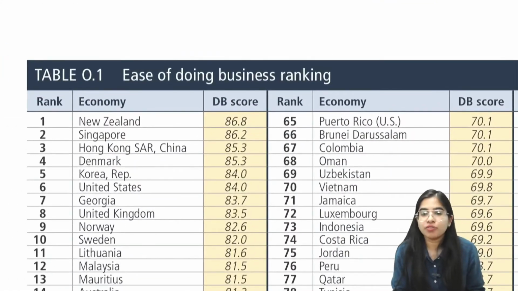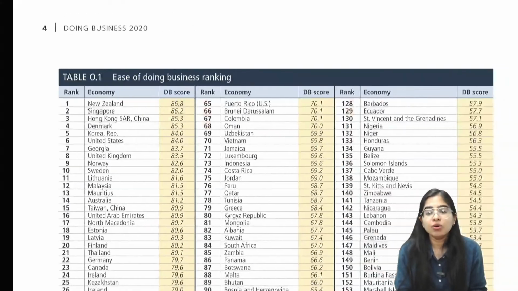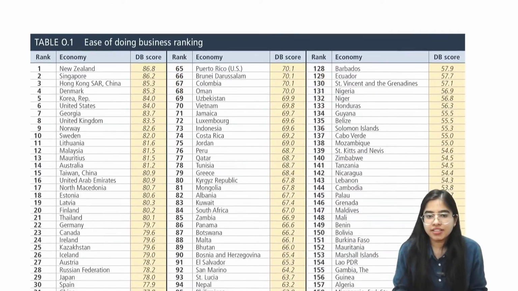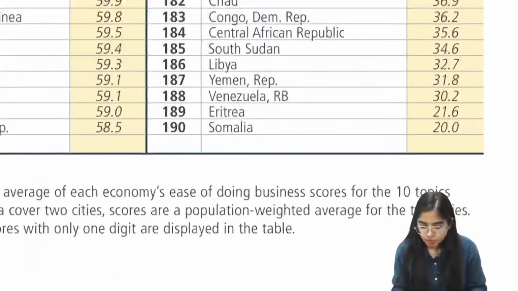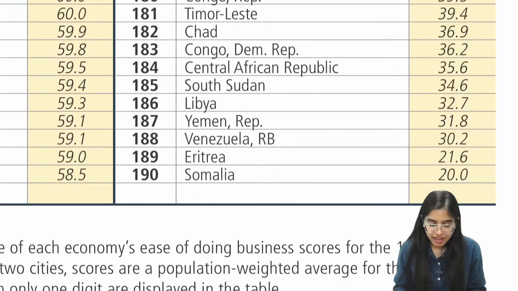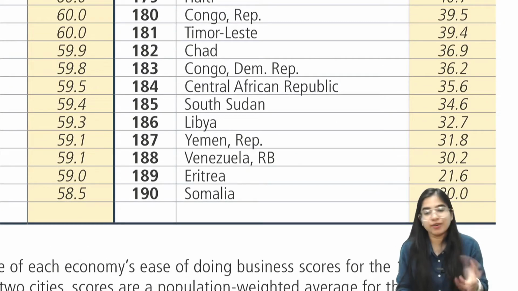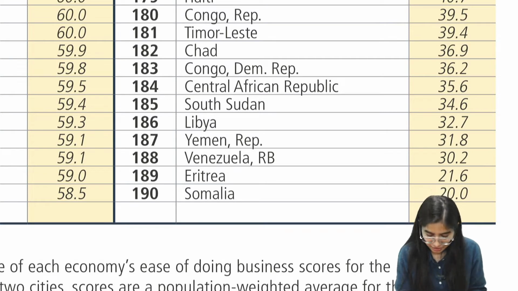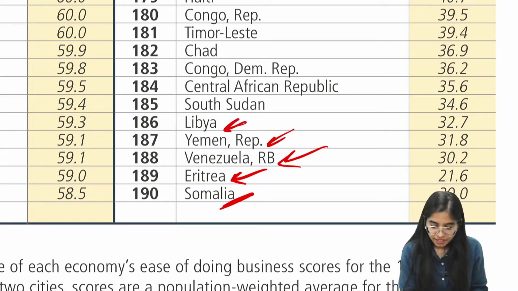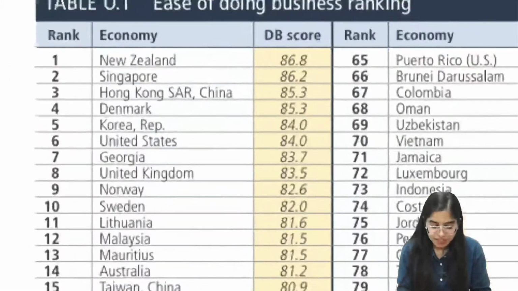This is the list of ease of doing business and where India stands in this list of total 190 countries. First, I'll show you the last countries, whose names you might not have heard. Somalia, Eritrea, Venezuela, Yemen, Libya, South Sudan. I have not even heard the names.